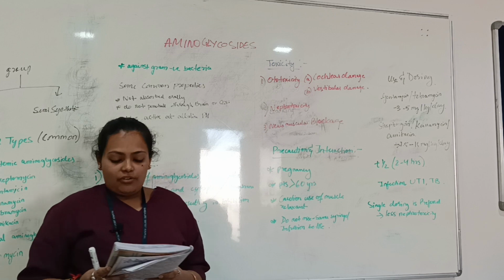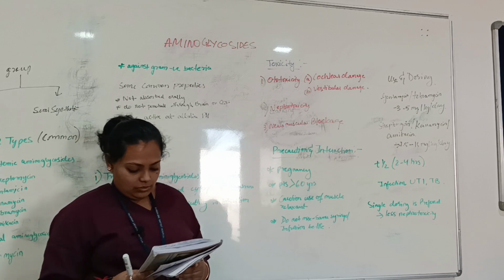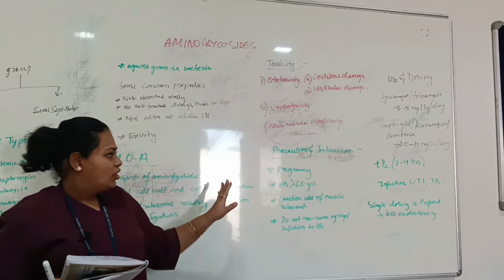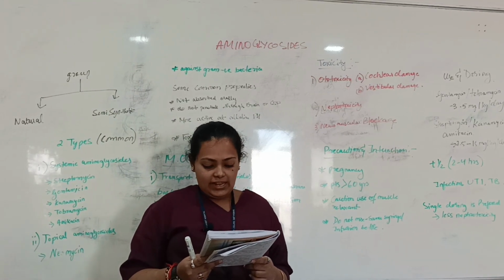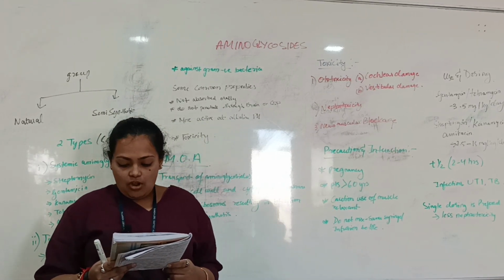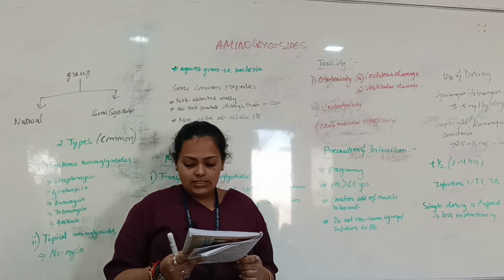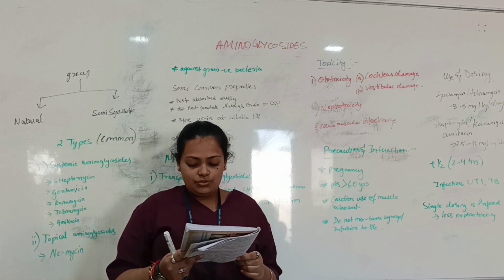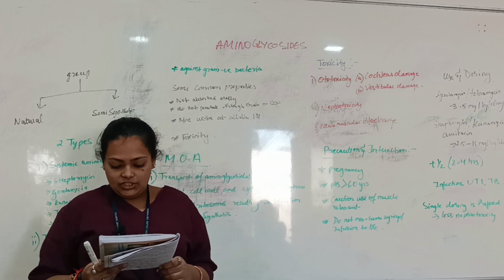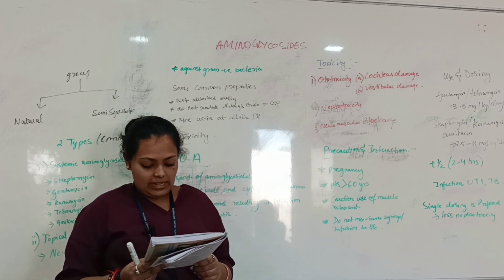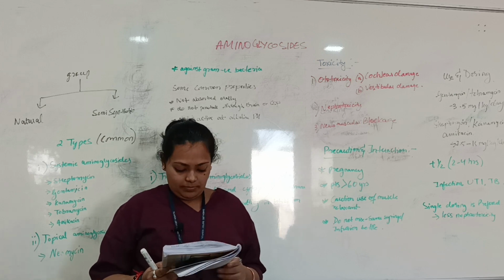Mechanism of resistance. I will just read, as I have not mentioned it here. Acquisition of cell membrane bound inactivating enzymes, such as phosphorylase: the conjugated aminoglycosides do not bind to the target ribosome and are incapable of active transport like the unaltered drug.